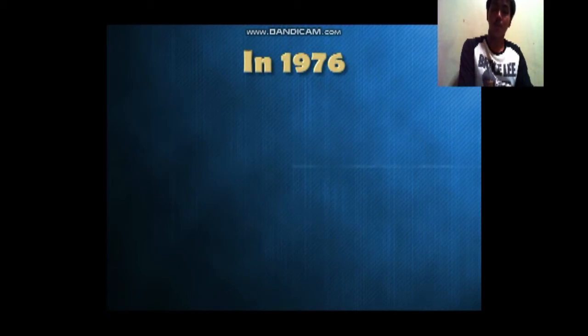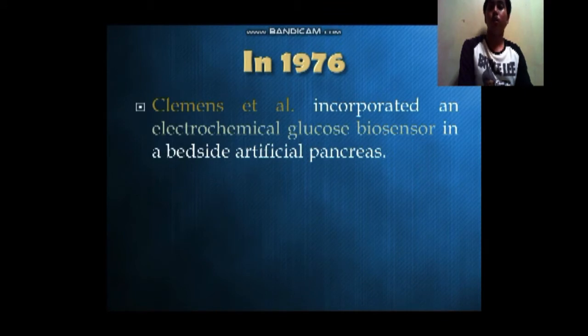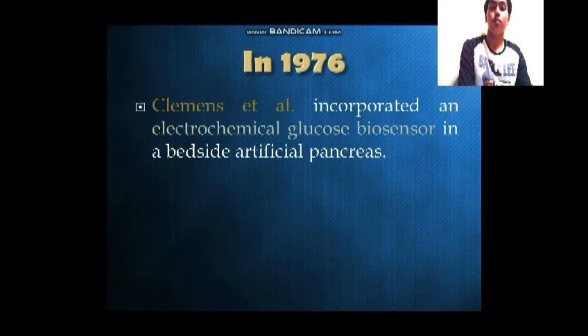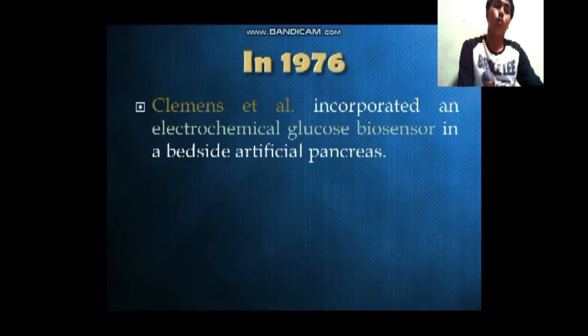In 1976, Clemens et al. incorporated an electrochemical glucose biosensor in a bedside artificial pancreas, which was marketed with the name Biostator, that today is not commercially available anymore.